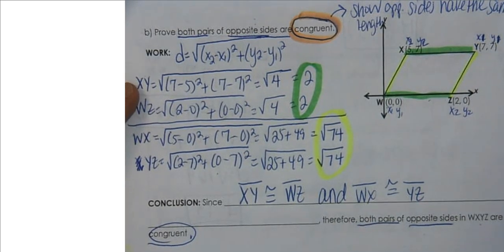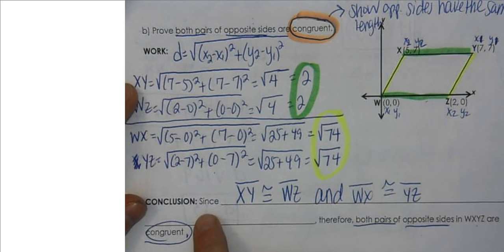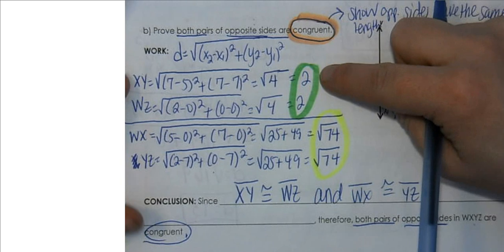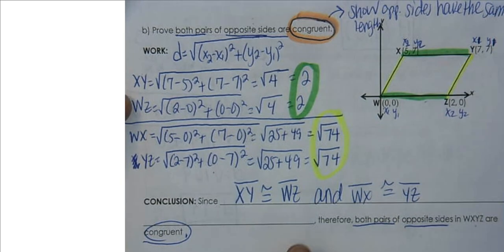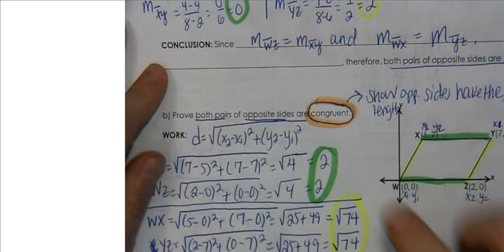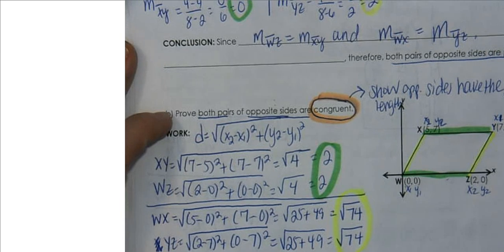So what you're writing right here in your conclusion is, since, talk about what happened. What did you notice? We noticed that opposite sides were congruent, so you call it out for what you noticed. And therefore, you're basically rewriting what you were trying to prove. Both pairs of opposite sides are congruent.